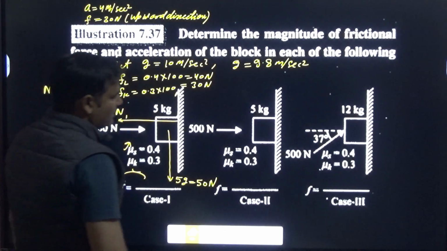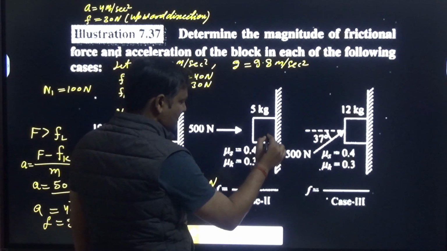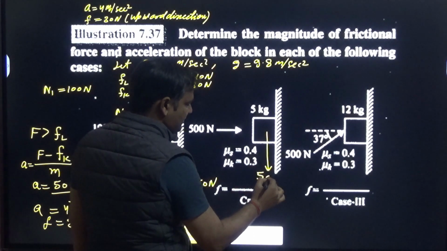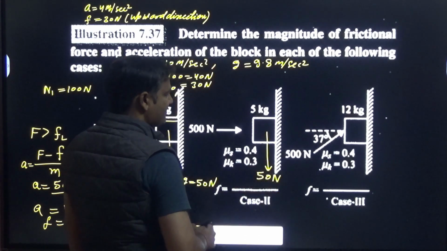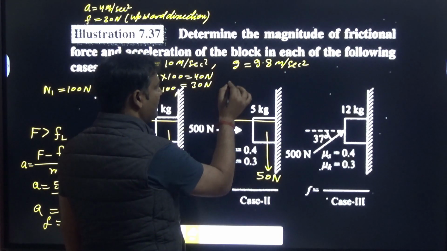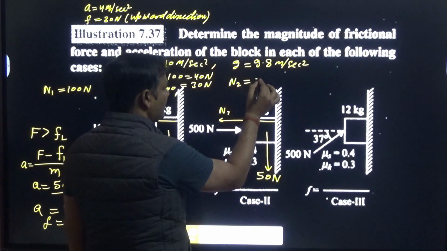Now if you focus on the second question, mg works downward, that is 50 Newton. And here N2 is 500 Newton.